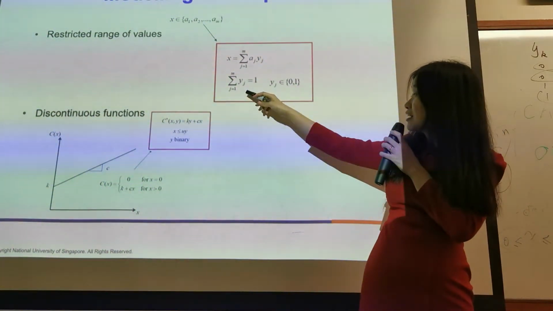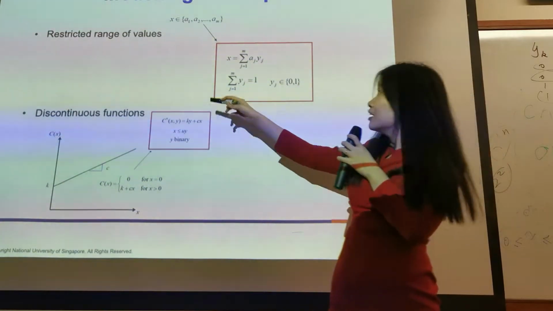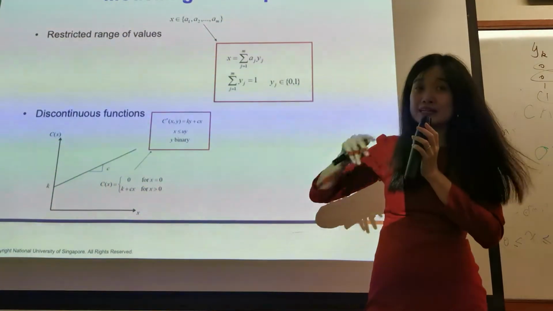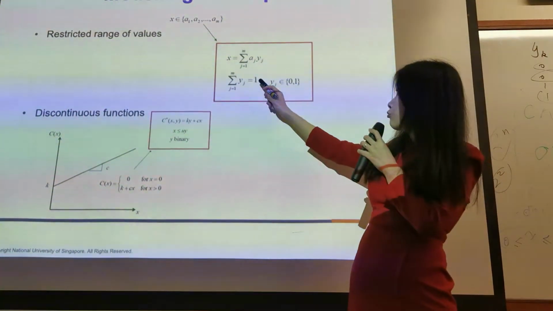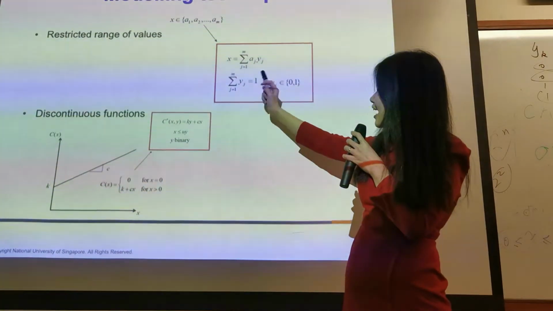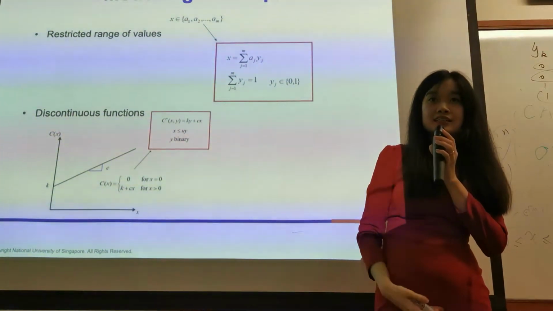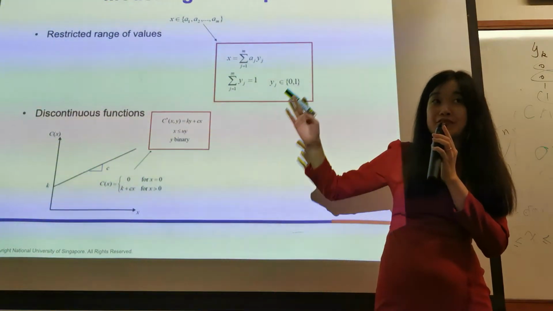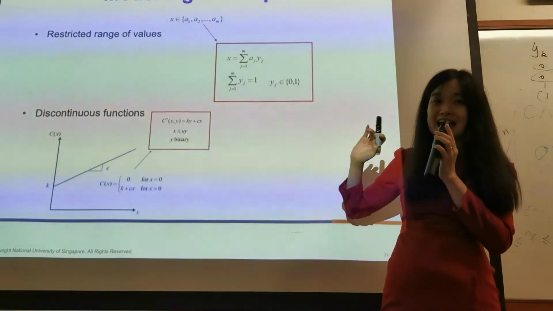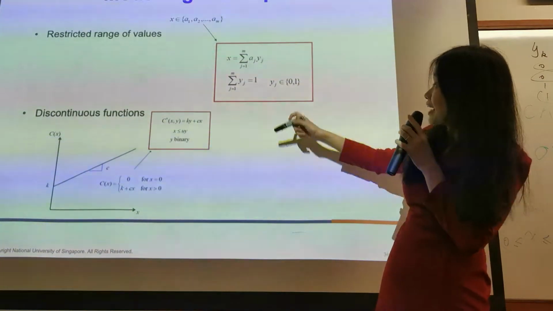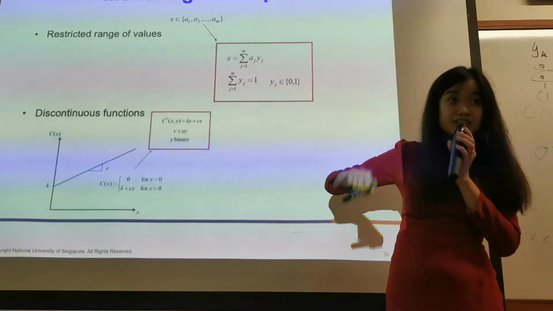Right, so it means only one among 1 to m holds. So whichever j here I choose, I will get a corresponding value for x. Of course, it can be done in different ways, but in this case, I define my x variable within this range.